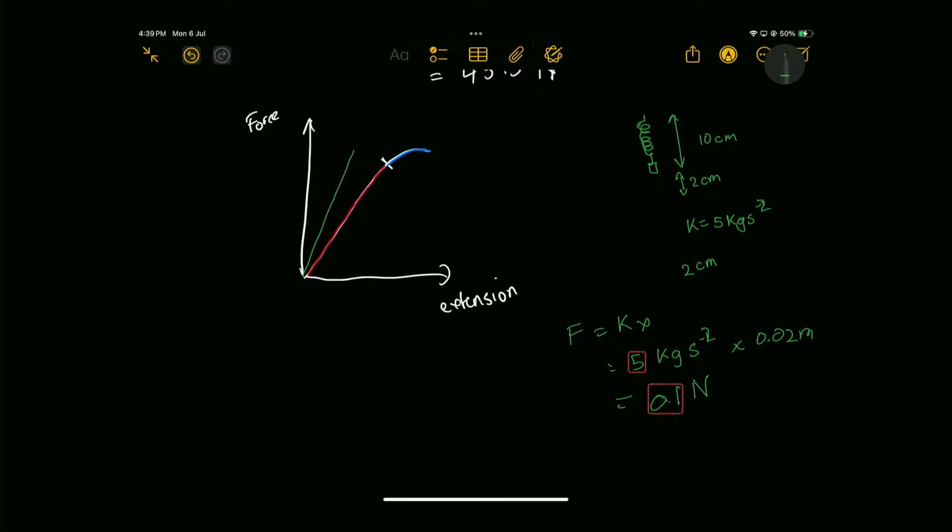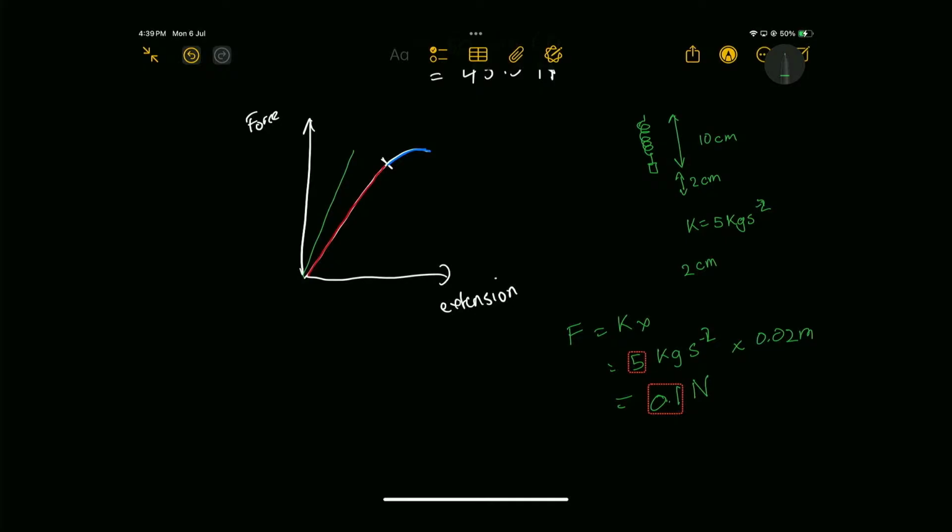So you need to make sure you put in, say for example, in the Hooke's law question, the value of k, and the value of x, the extension. And to get the correct answer, you need to make sure it's the correct units, right? And then, once you do the calculation, you get the correct answer.